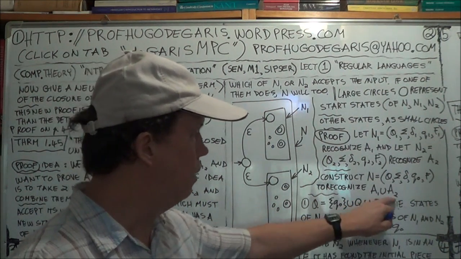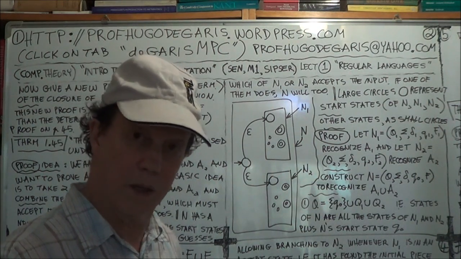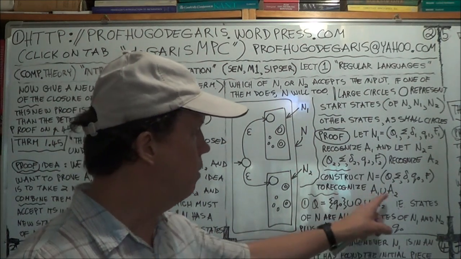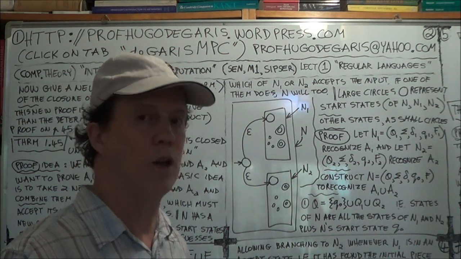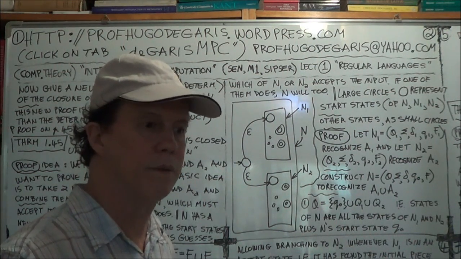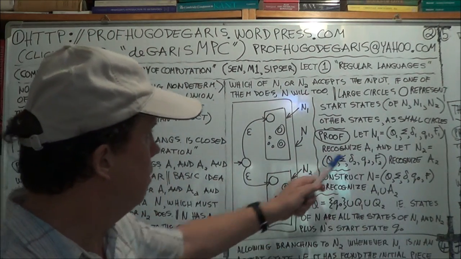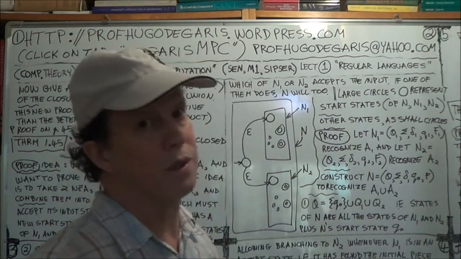And therefore this union is a regular language, right, by definition. And since that's true for any two languages, then the whole set of regular languages is closed under the operation union. Okay.